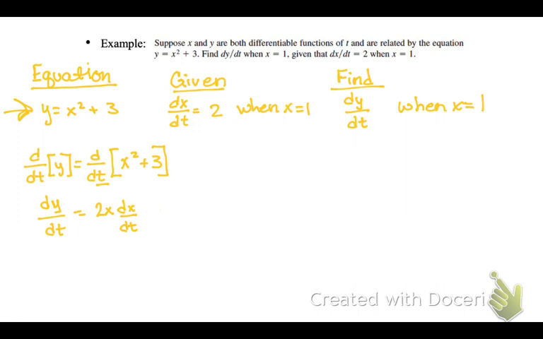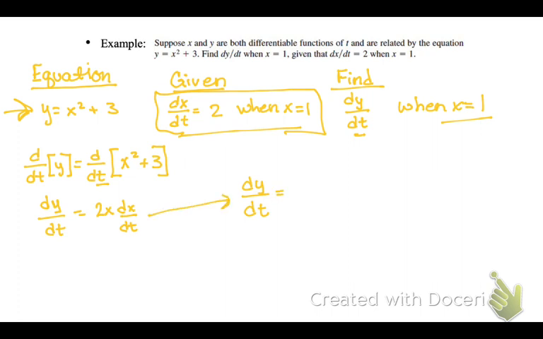Okay, so now that we have this, we need to plug information in. We were given this information. So I need dy dt when x is 1. So dy dt equals, we're plugging this in.